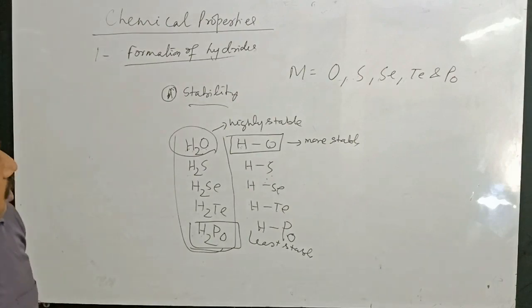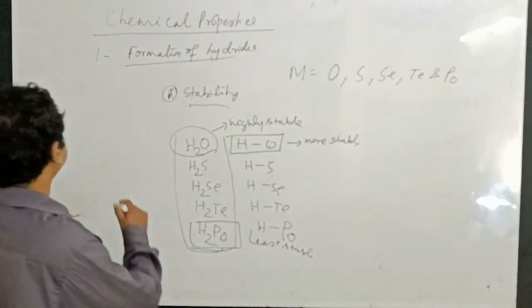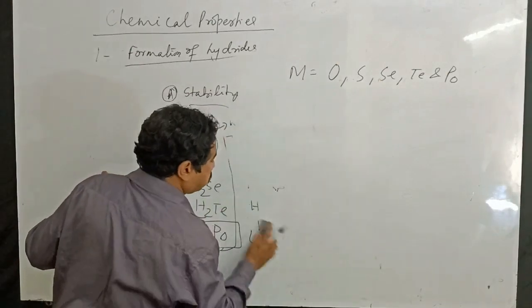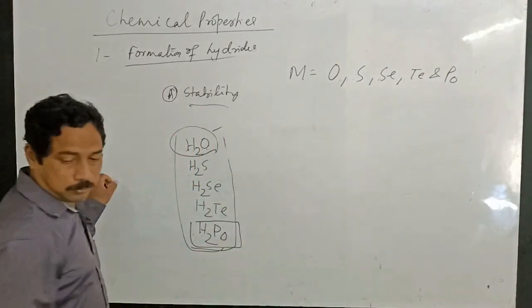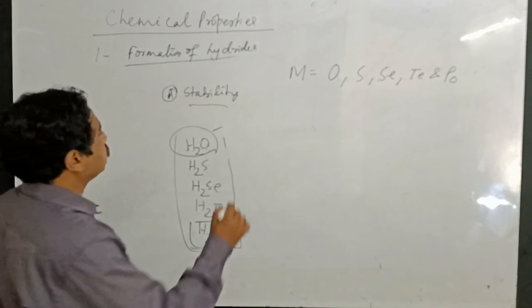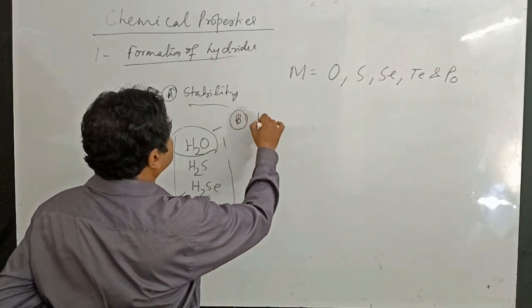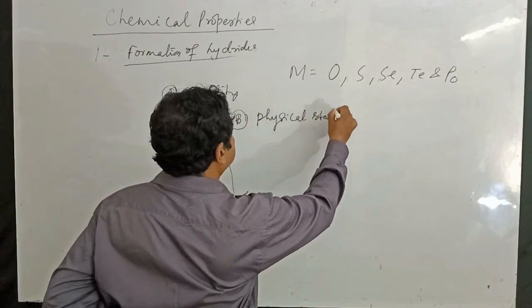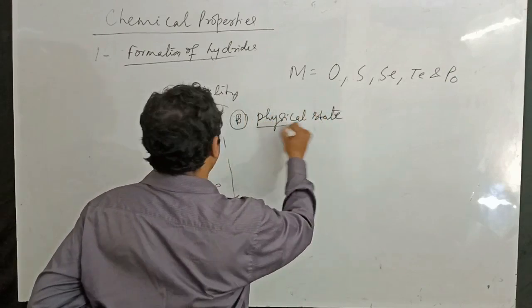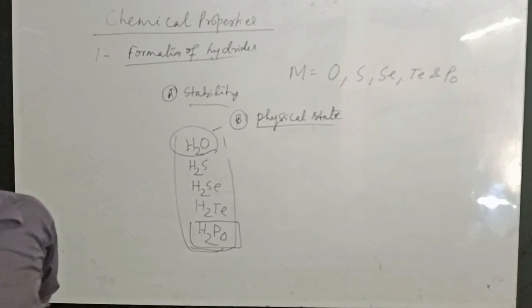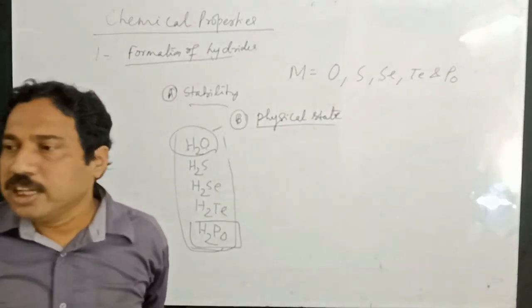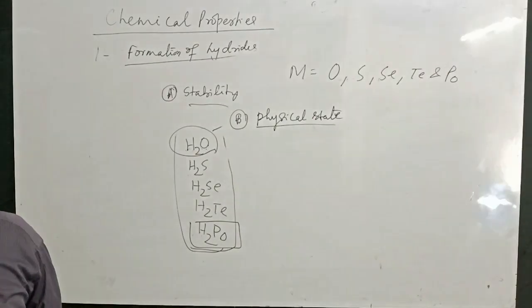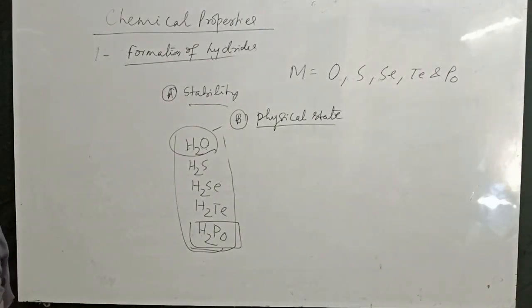Next is the physical state. H2O is a liquid at room temperature or at ordinary conditions of temperature and pressure, but other hydrides are gases.